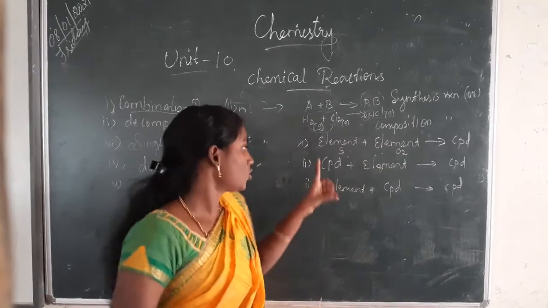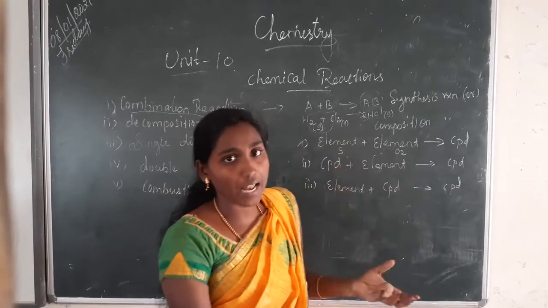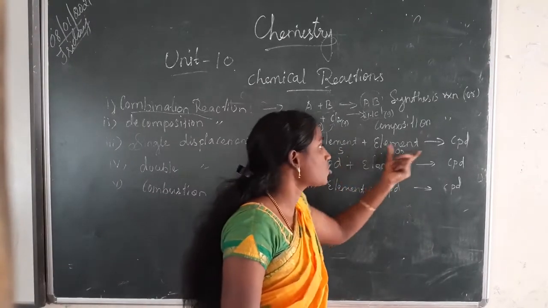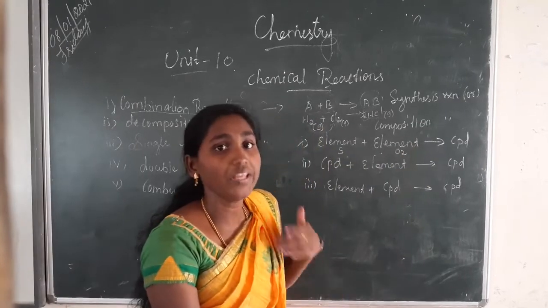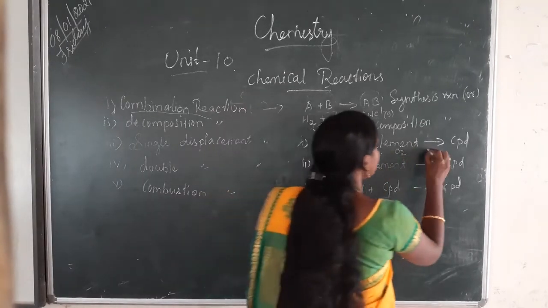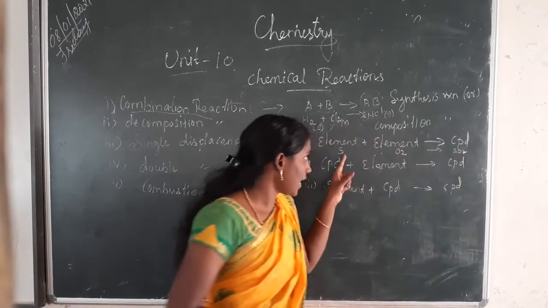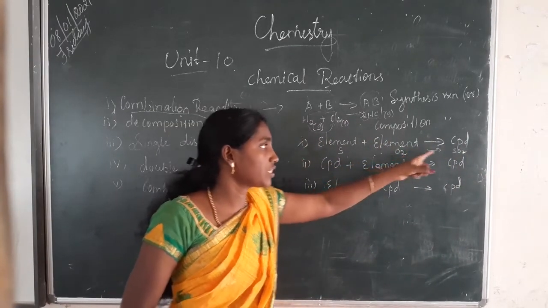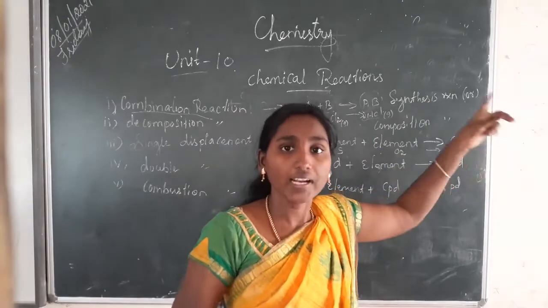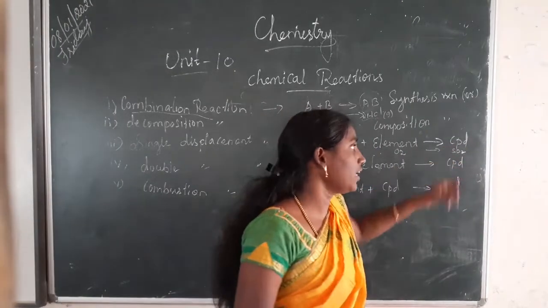Two or more elements combine together to form a new compound. That is SO2. When sulfur reacts with oxygen, it forms sulfur dioxide. This is also a gas.